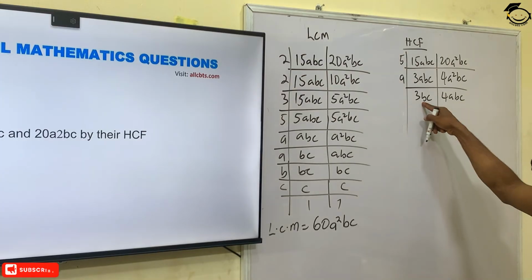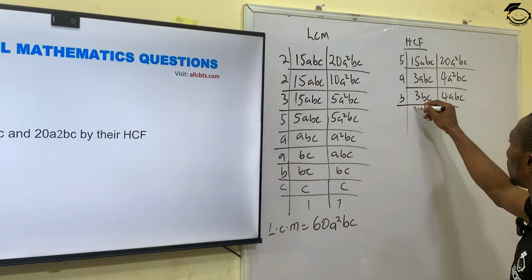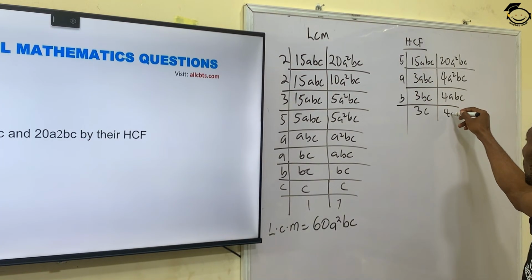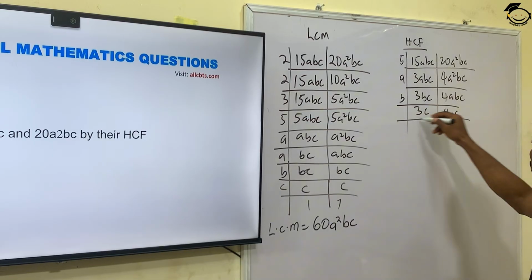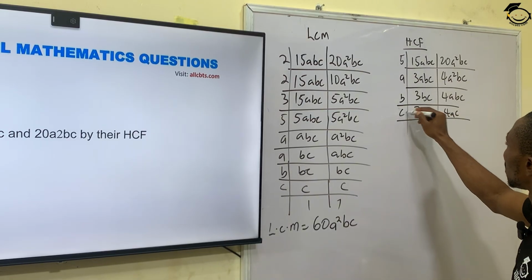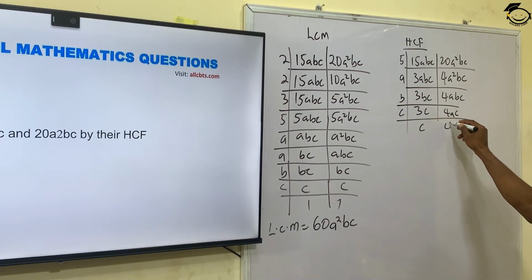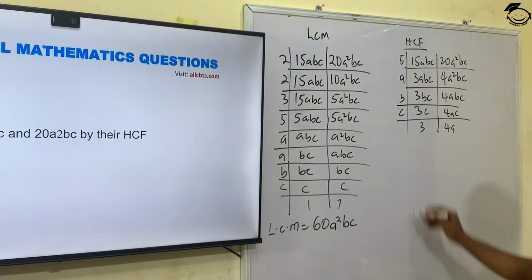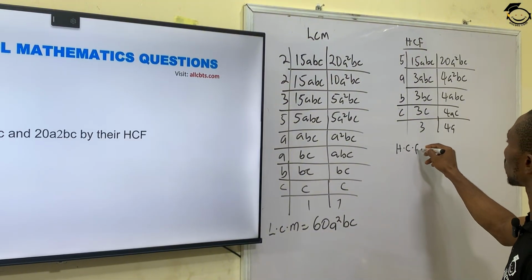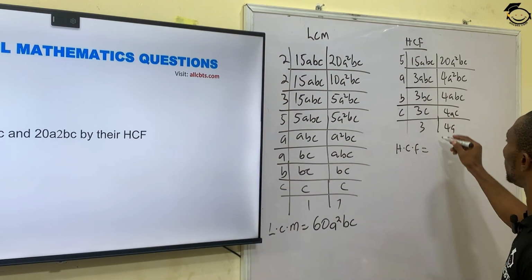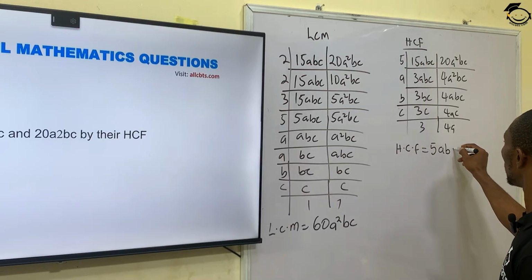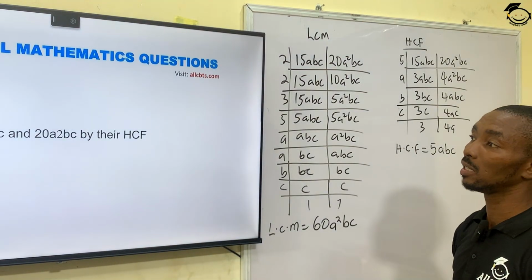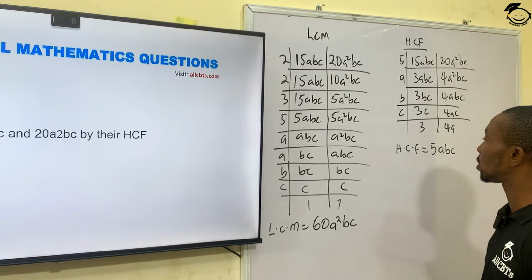So next figure is a B. All right, so this becomes 3C and 4AC. Then the next is a C, which will give us 3 and 4A. So our HCF, highest common factor, will become 5ABC. Now the question says divide the LCM by the HCF.